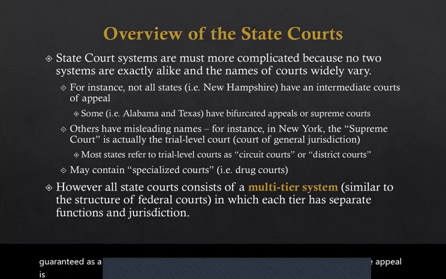So the Missouri Supreme Court, because there's an intermediate court of appeals, doesn't have to take a case, just like the Supreme Court of the United States doesn't have to take a case. The Missouri Court of Appeals has to take the case and hear the arguments, because you get that as a matter of right.